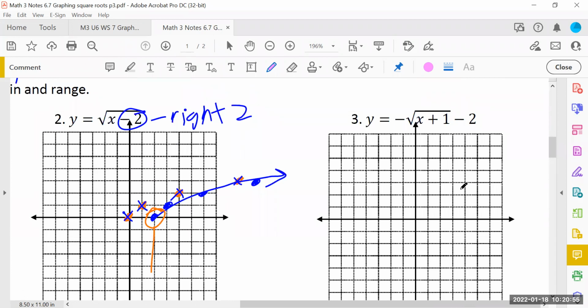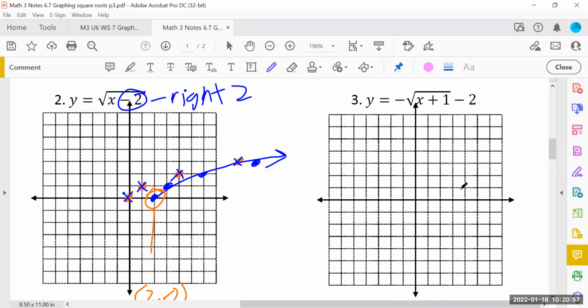Number 3. This one has a negative out in front. It's got an A value. Start with the same 4 points. So we're starting with the points 0, 0, 1, 1, 4, 2, 9, 3.